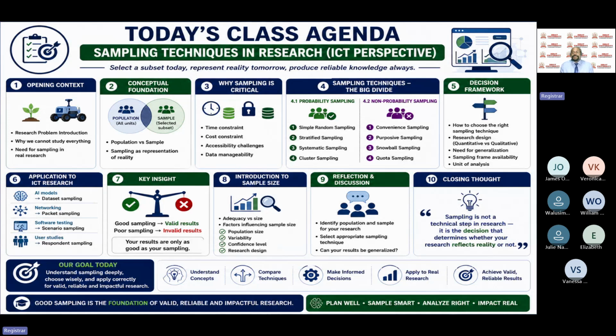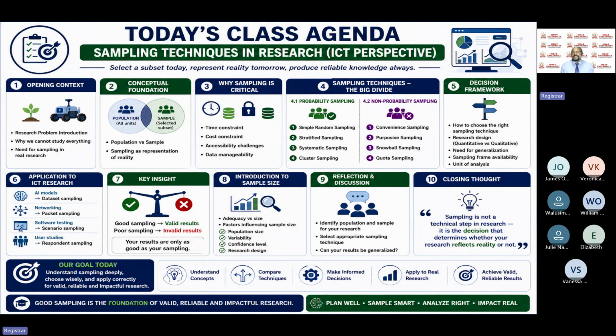So in the decision framework, the researcher has to decide how to choose the right sampling technique. Also, you have to decide the right method of doing your sample, and it depends upon your research design.